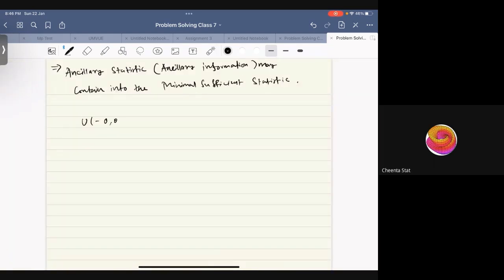Uniform minus theta theta, right? If you take modulus, it will be uniform 0 theta. So the complete statistic for theta will be the maximum of mod Xi, because you know X order n is the complete statistic, right? Understood?